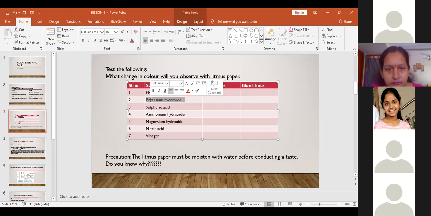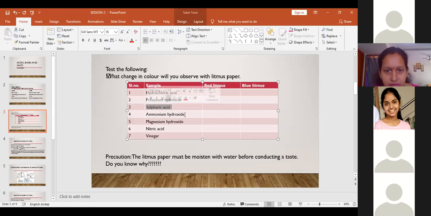Red litmus will turn blue and blue litmus will stay the same. Thank you, very good. Next, sulfuric acid. Dharmin, can you tell what change we will see for sulfuric acid? Red litmus paper will remain the same and blue litmus paper will turn red.